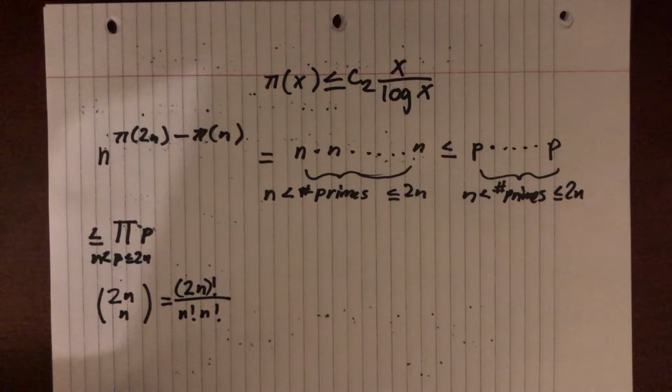But all those primes are at least n, so they definitely don't divide the denominator. They're definitely not in there. And so we can safely say that this product of primes is less than or equal to 2n choose n.